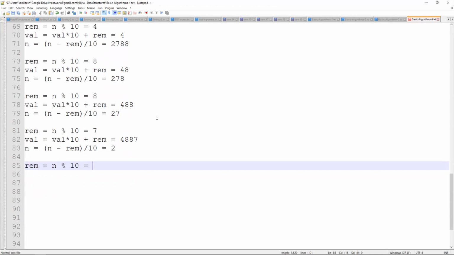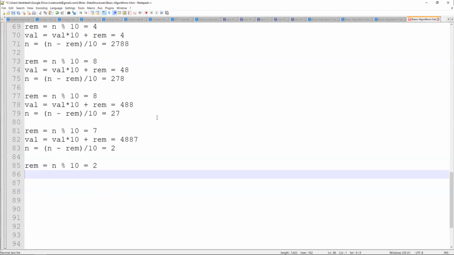So we have a special case now. Well, okay, we don't need to continue this. n mod 10 will still give you the last digit, which is equal to 2. Just that the quotient will be 0. Okay. So that is all right.